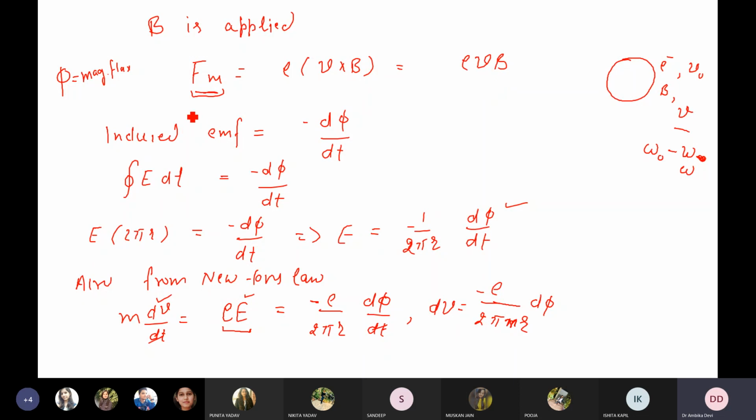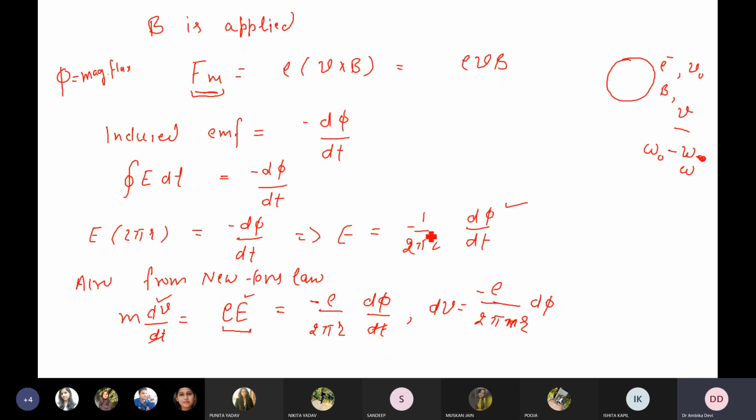Due to this magnetic field, an induced EMF will be generated, which is equal to minus d phi upon dt, where phi is the magnetic flux, right? So the closed integral of E dl is equal to minus d phi upon dt, and because we are talking about a circle, with circumference 2 pi r, E times 2 pi r is equal to minus d phi upon dt.